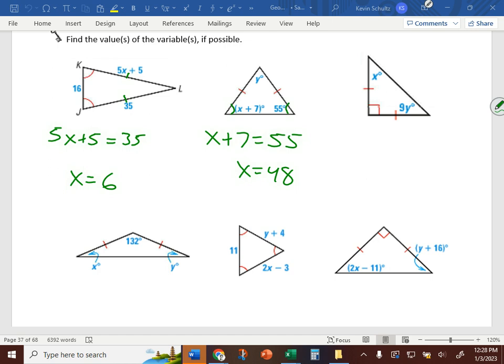Because knowing these base angles are congruent and knowing the one on the right is 55, even without knowing x is 48, we already know the other one is 55 as well. So we wouldn't need x first necessarily. But as Kylie said, 55 and 55 is 110. We know the triangle contains 180 degrees. So 180 minus 110, y is going to be 70.